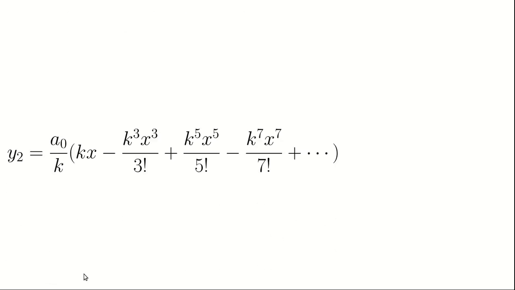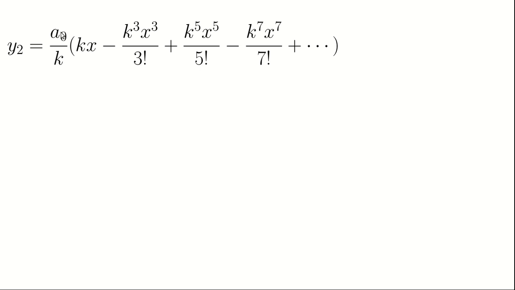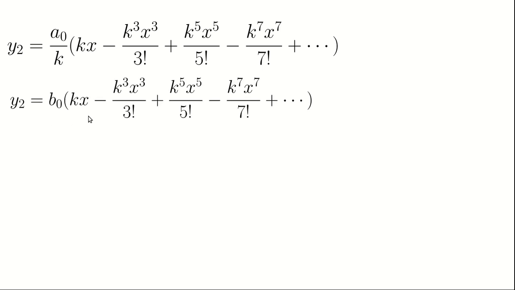So that leads to this expression, leaving our a0 all over k. So from this expression, we have that this a0 all over k, which is a constant, we can call it b0, and we have this b0 times kx. So with this expression now, this one looks like a very popular series, and that series is the sine series, which is giving us y2 equal to b0 sin kx.